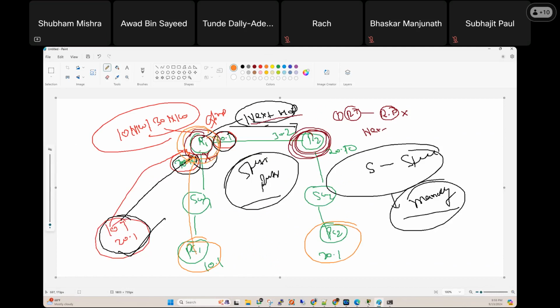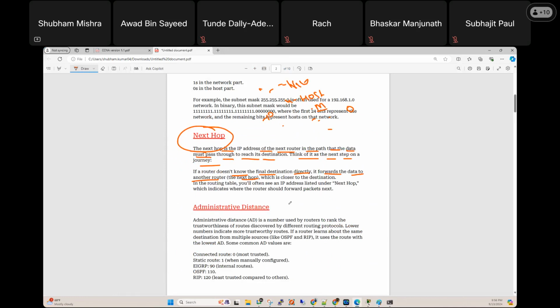And what is the next hop for this router? This router must forward this packet towards router number 2. So for router number 1, the next hop is router number 2. And for router number 2, the next hop is router number 1. Clear, everyone? Understand? So that is called next hop.